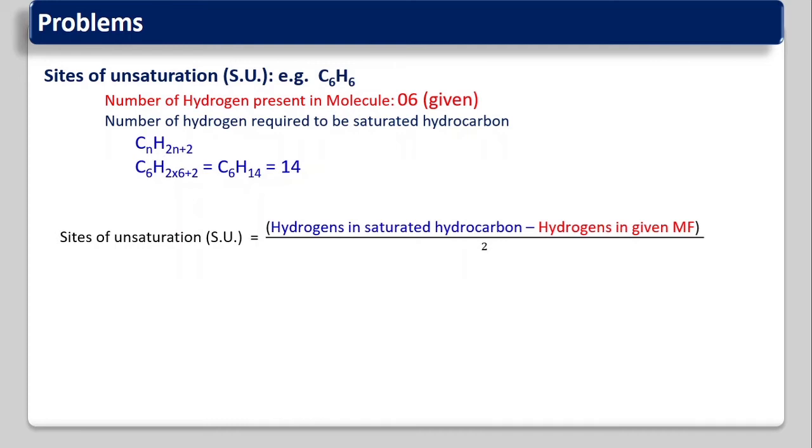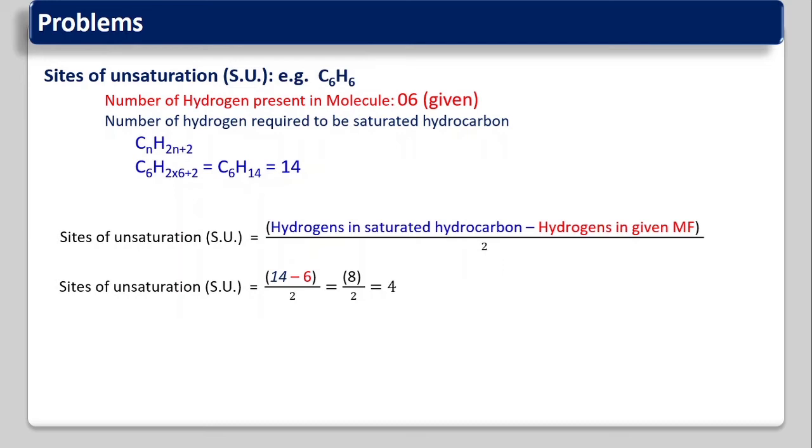So 14 minus 6 divided by 2 is 8 upon 2, that will be 4. So there are 4 sites of unsaturation in the molecule. This is the formula for determining the sites of unsaturation.